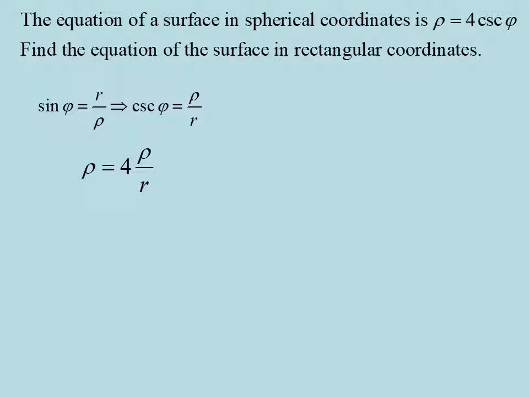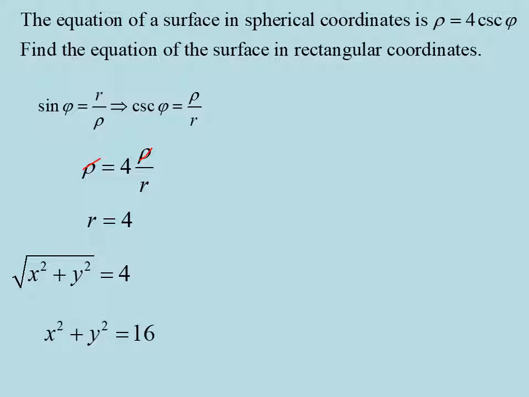Now you can see we can divide out the rho's, multiply by r, and come up with r equals 4. And earlier we saw r is equal to the square root of x squared plus y squared. So we'll replace r with the square root of x squared plus y squared. We'll square both sides, and we come up with this equation.